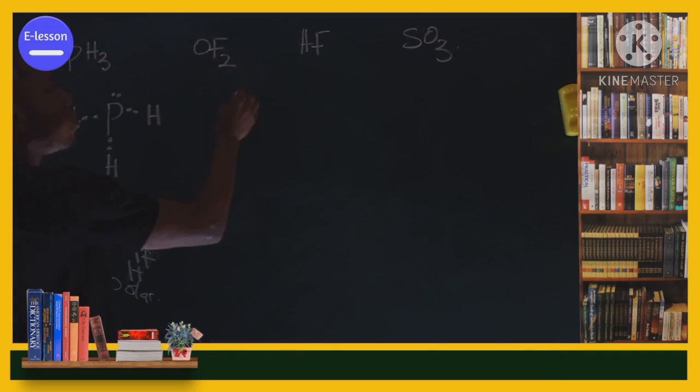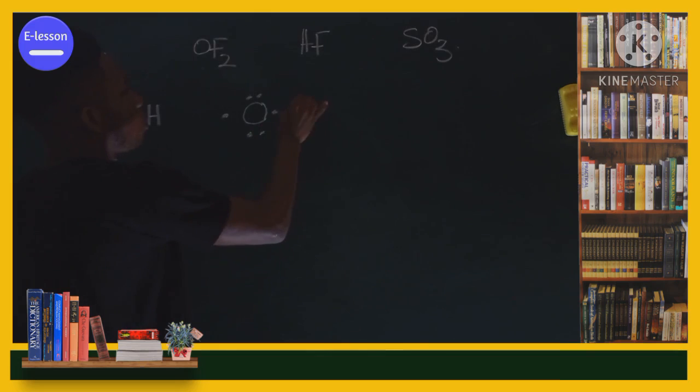Now look at OF2, oxygen difluoride. OF2 has oxygen as the central atom. Oxygen has how many valence electrons? It has 6. So we have fluorine also bringing 7 electrons.